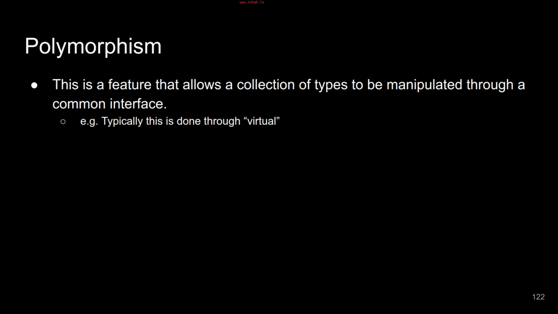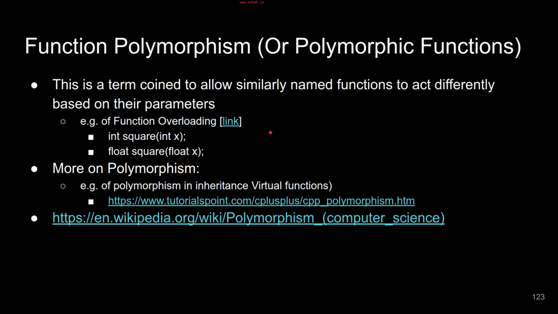We get other things like polymorphism in C++, this idea that you can have a collection of types manipulated through some common interface through the virtual keyword. There's also function polymorphism, so I can name something the same name like square, but it'll be treated differently based off of its return type and its arguments.